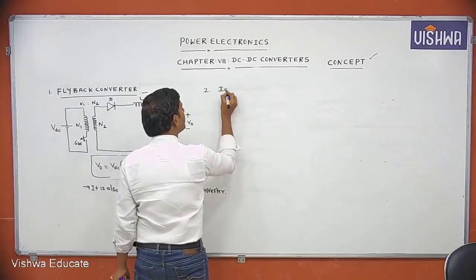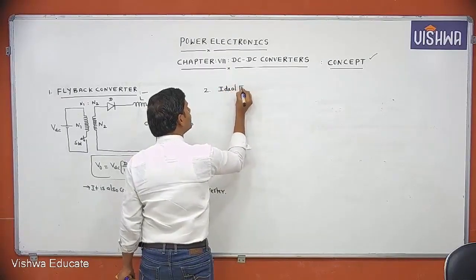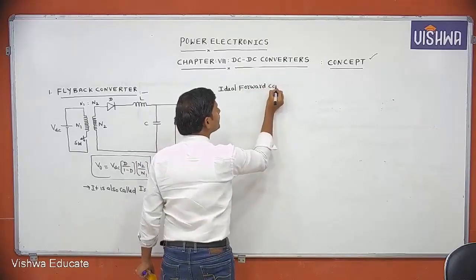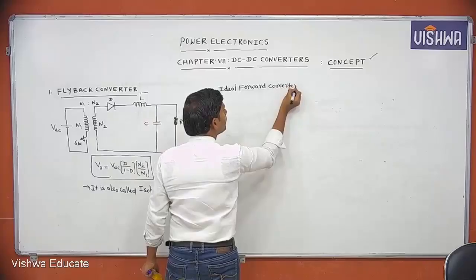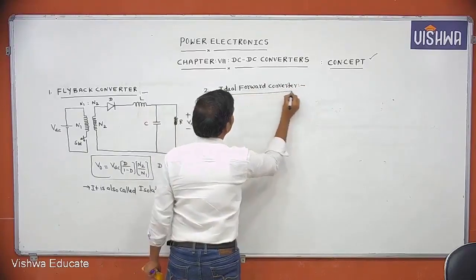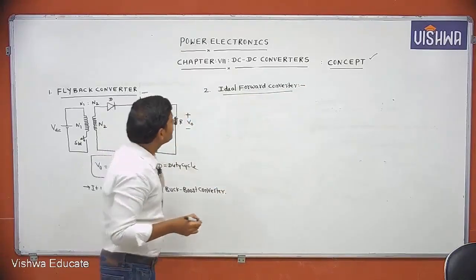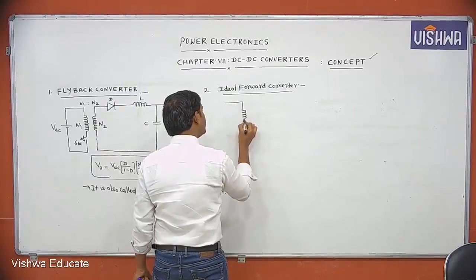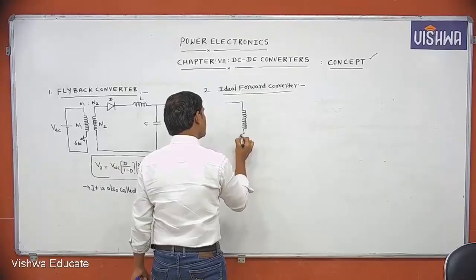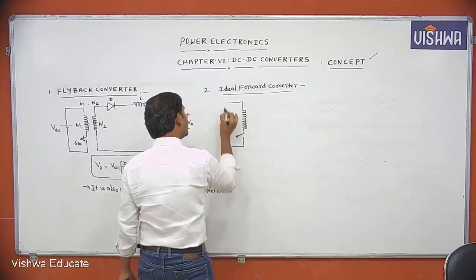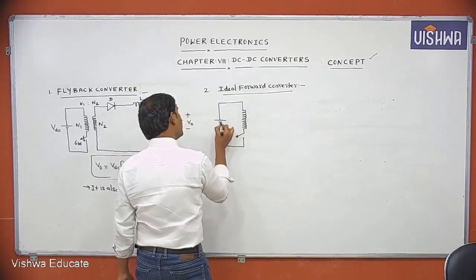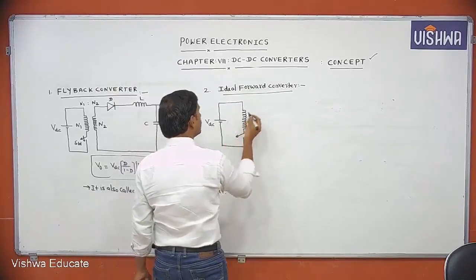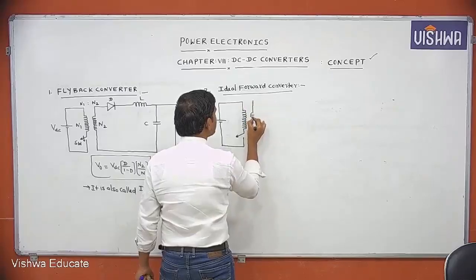Ideal forward converter. What is the circuit we are using for the ideal forward converter? This is the switch arrangement with the transformer primary. The supply voltage is VD, and this is the secondary.